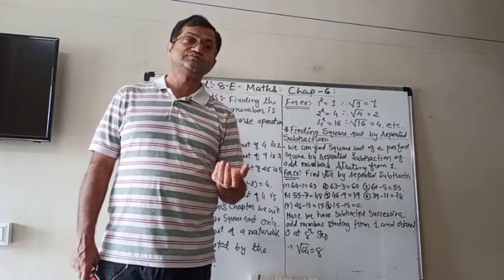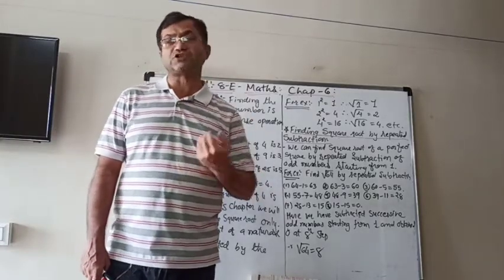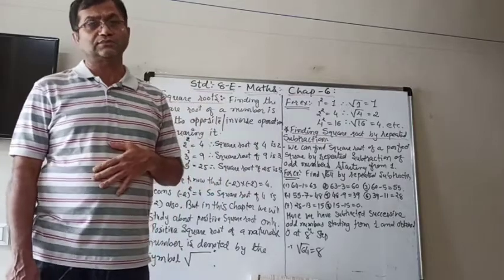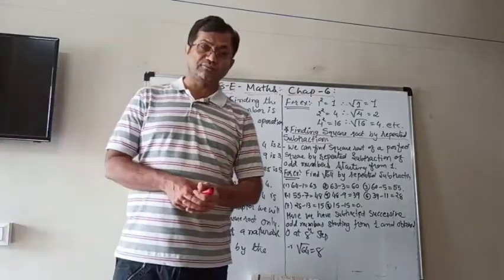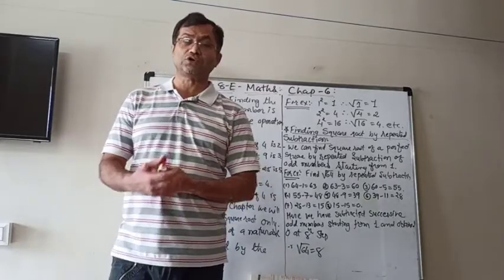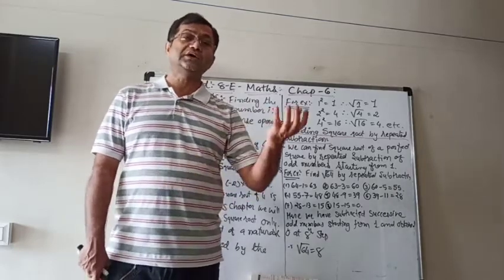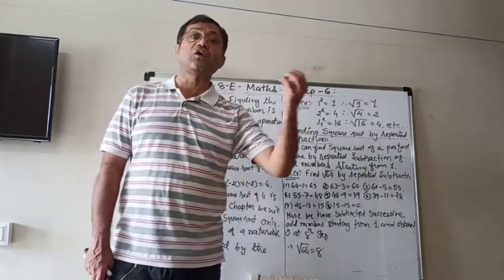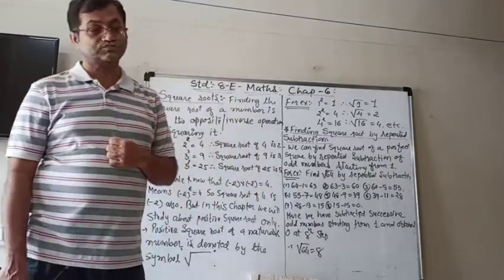For example, subtraction is the inverse operation of addition, and division is the inverse operation of multiplication. Similarly, finding the square root is the inverse process of squaring.